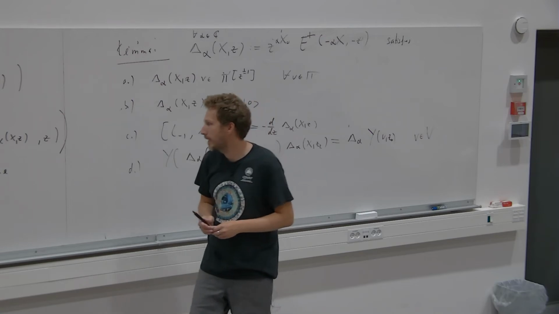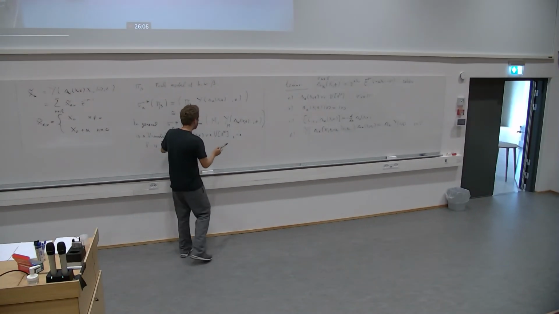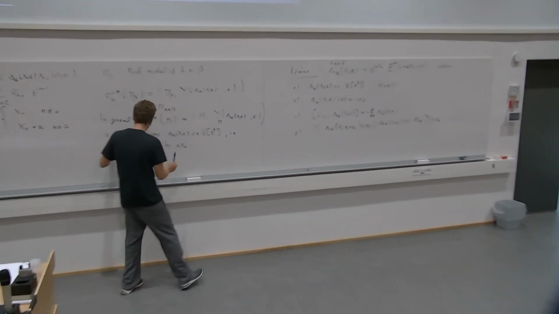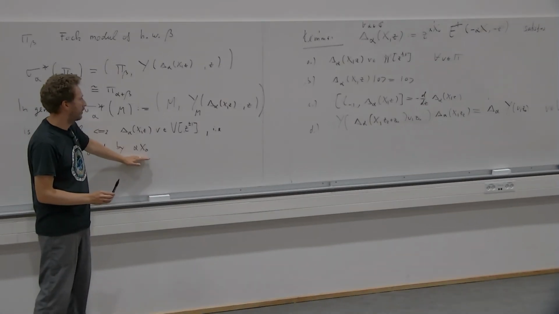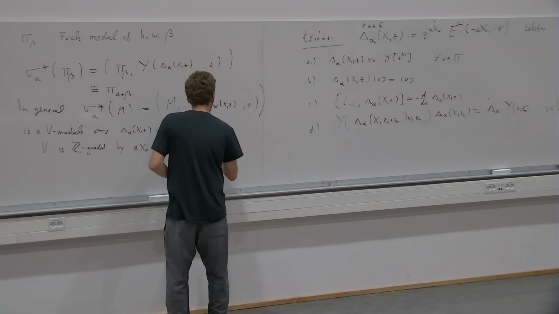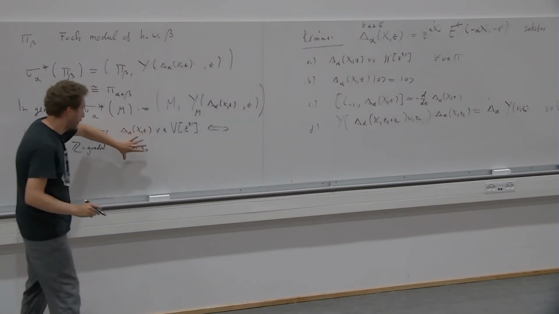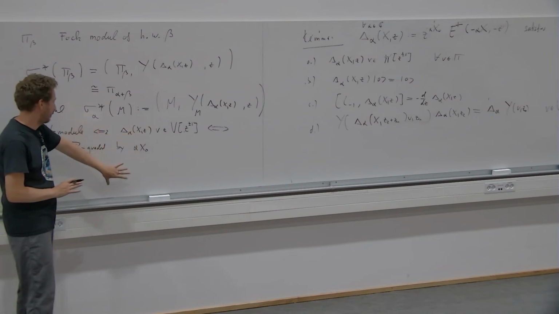No, all it means is this condition holds if and only if V is Z graded by alpha x0. I wanted to explain this better. So these two conditions are actually equivalent.